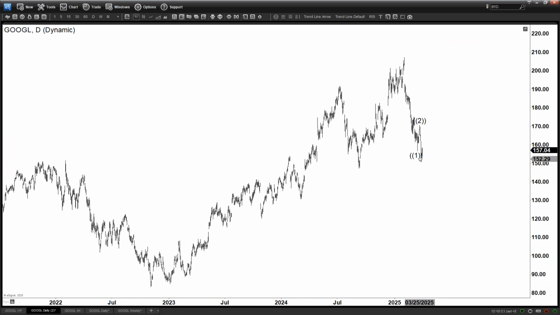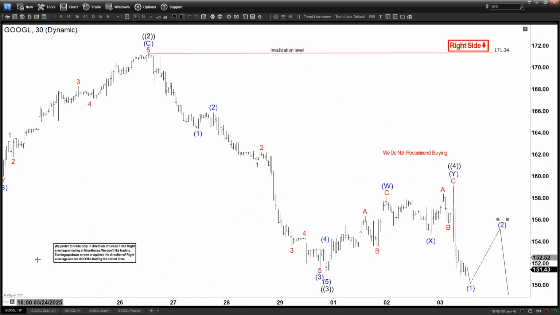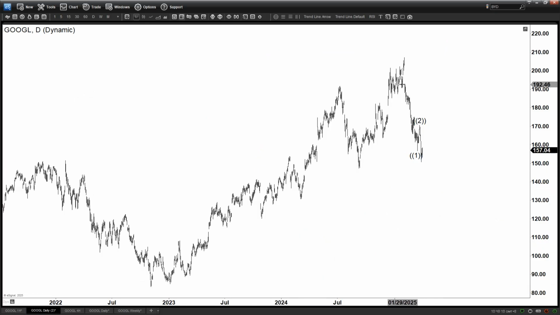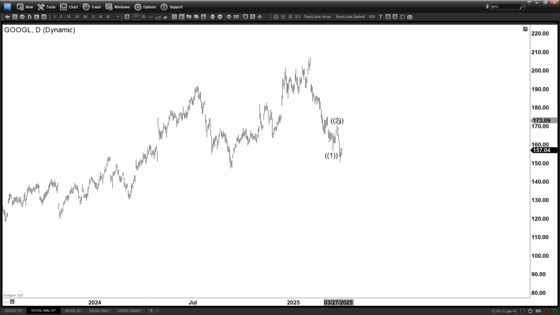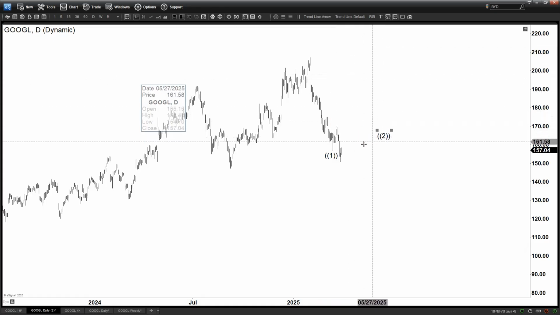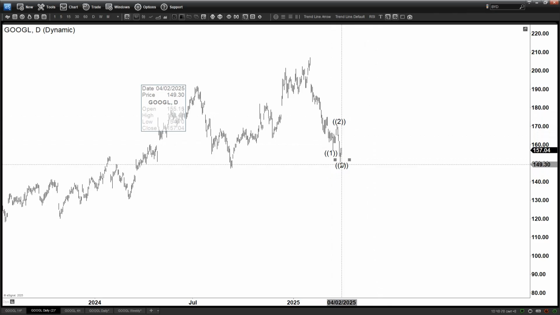Actually, sorry, this one should be 171.34. Let me make it a bit bigger. Yeah, this is correct. This is 1, this is 2, right?